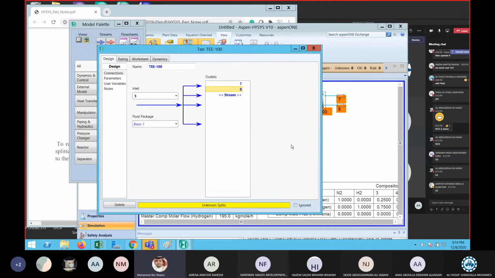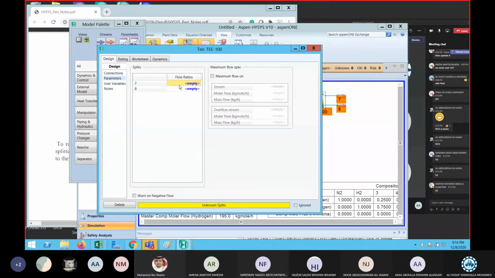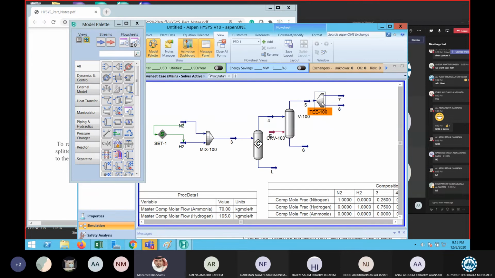It says unknown split. What does it want? I go to the parameters and tell it stream number 7 is 80%, so it understands that 8 is 20%. You see it solves immediately. So the splitter now is solved. Nice.